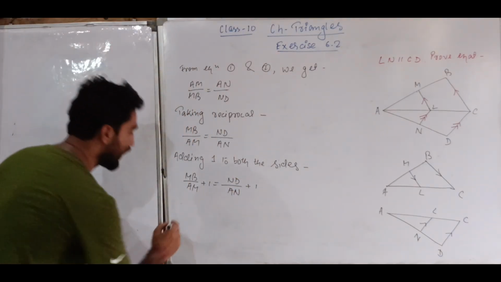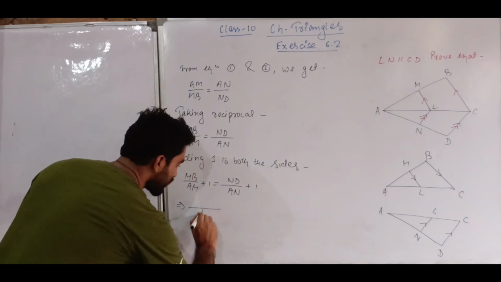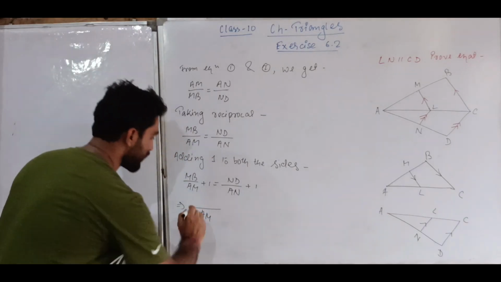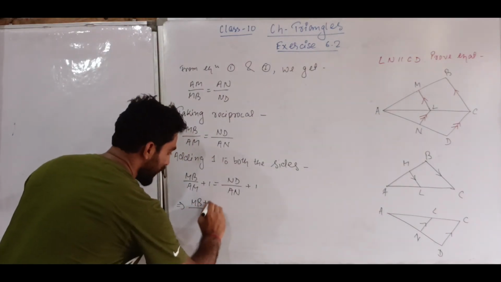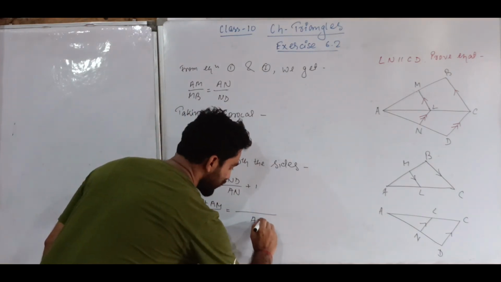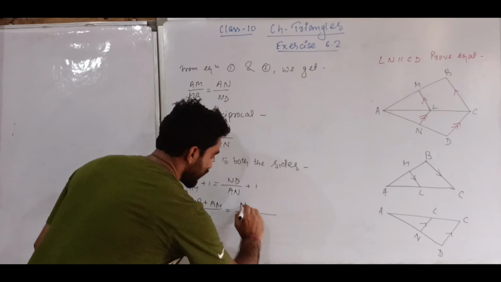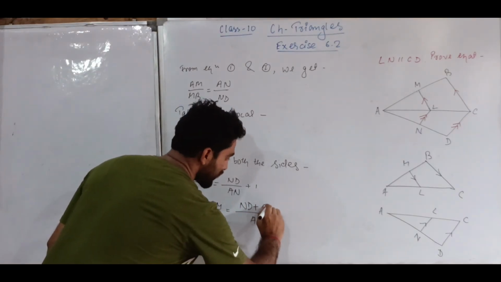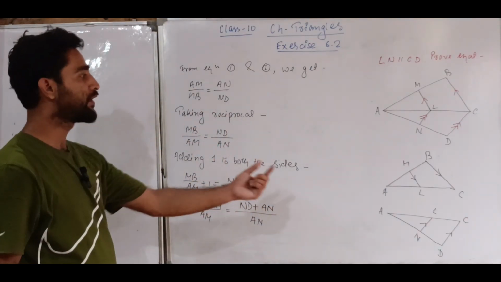Now we will take the LCM. So MB plus AM over AM is equal to ND plus AN over AN. Now look at the figure.